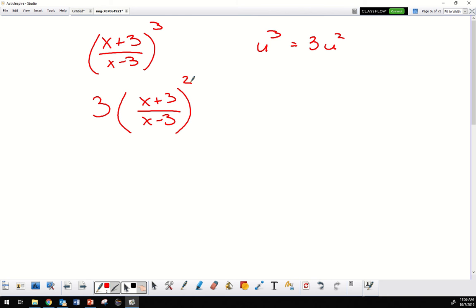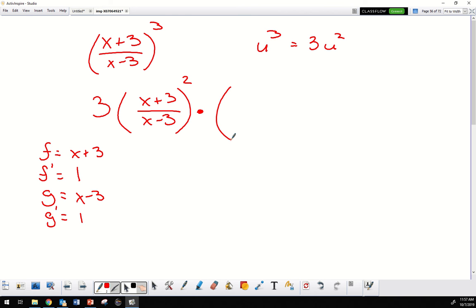So for the derivative of the inside, because it's a quotient, f is x plus 3, f prime is 1. G is x minus 3, g prime is 1. So it's this times the derivative of the inside, which is going to be f prime g.